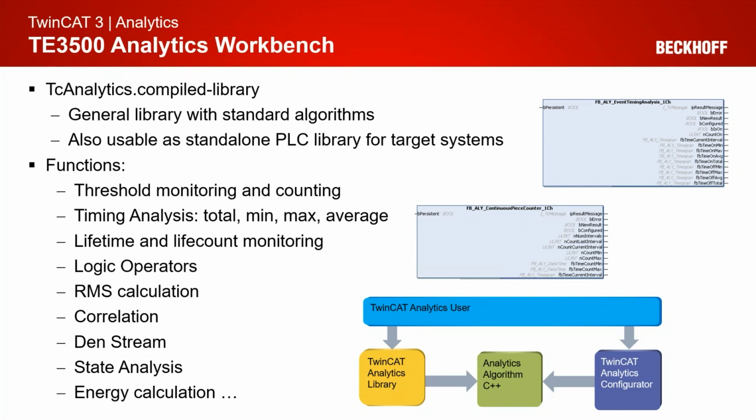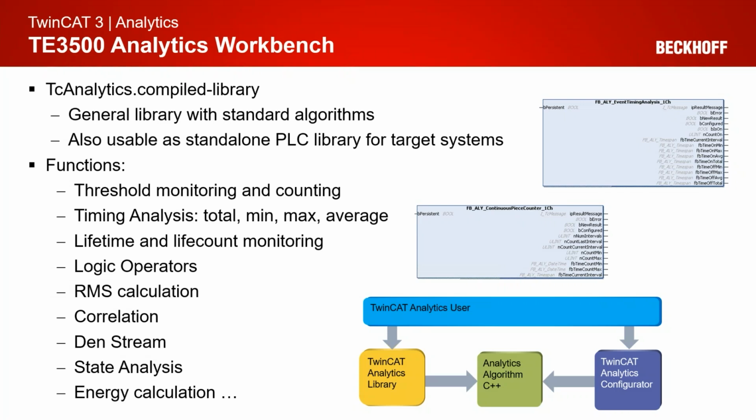This will come more and more, and we will add more of it into our analytics software. State analysis to check your machine application code, how long you are in which state of your state machine. You can analyze this with this functionality. And we also provide a lot of algorithms to make energy calculations.